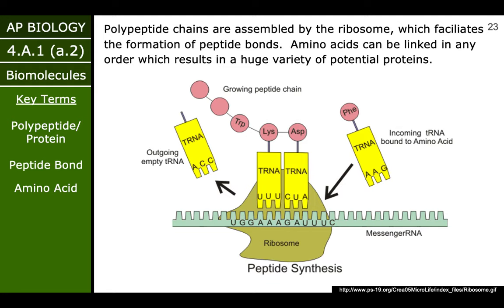Now, these polypeptides get put together by the ribosome. So here's our ribosome. It's this big, weird molecule. And we're going to come back to this a lot when we talk about gene expression. So you're going to learn this whole process. But for now, I have different amino acids. They have abbreviations right here. And they're just getting linked together.